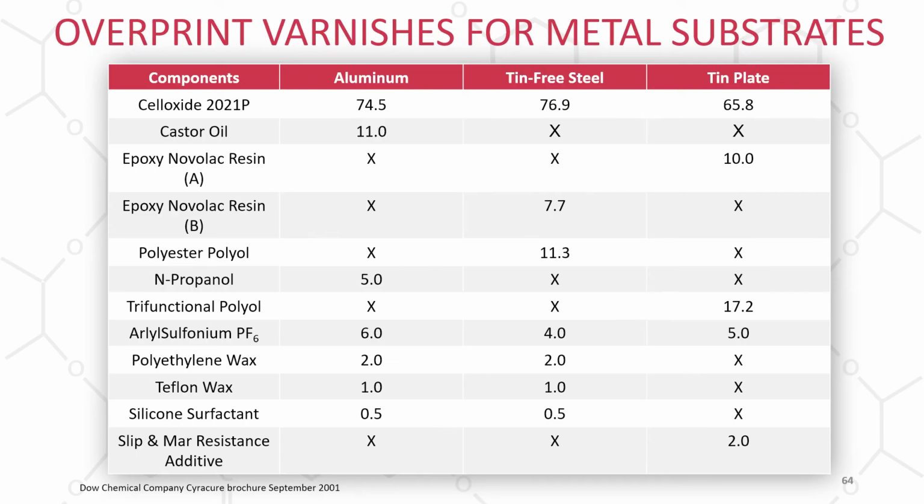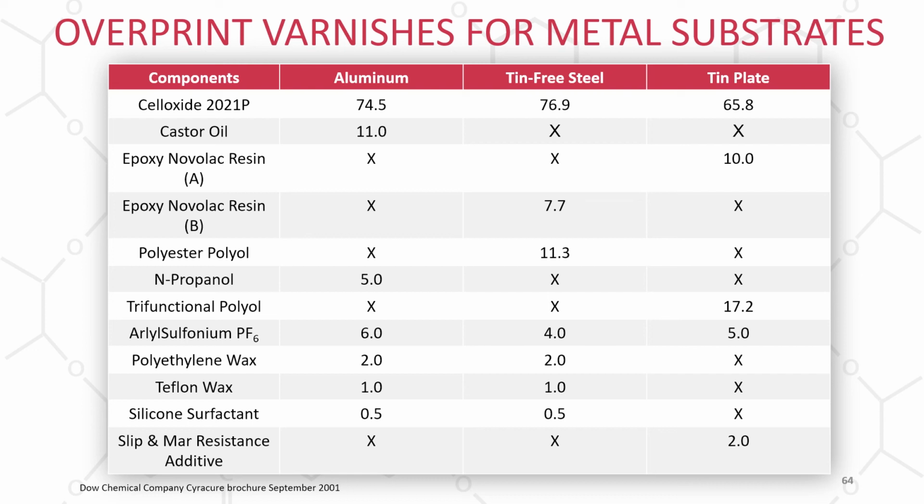Here we have a much more complex formulation that was used in overprint varnishes for metal substrates. Why was it used? Probably because the very low shrinkage and great adhesion helped that coating stay on the metal substrate.